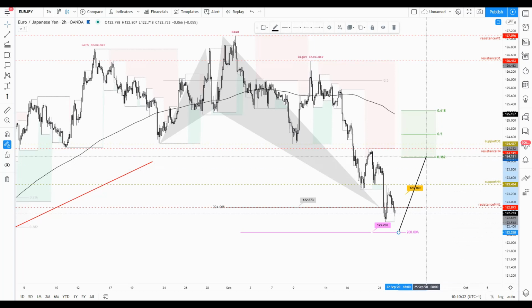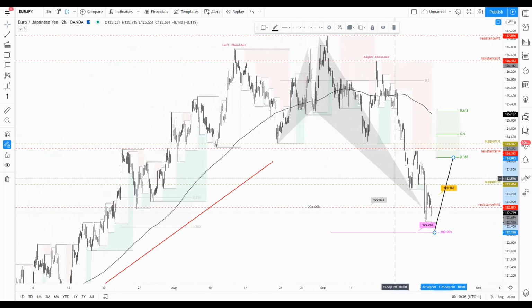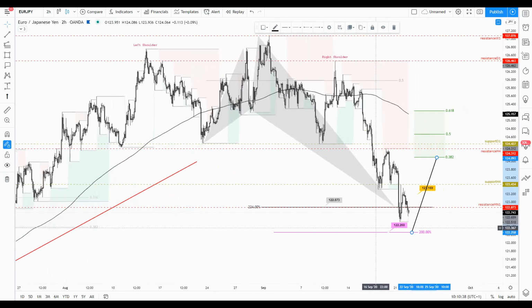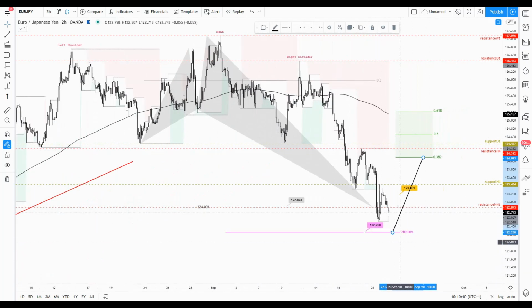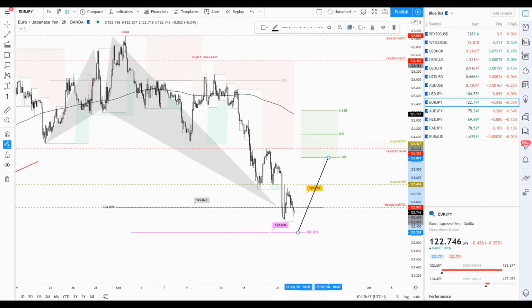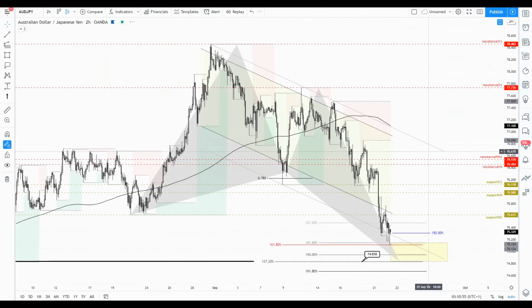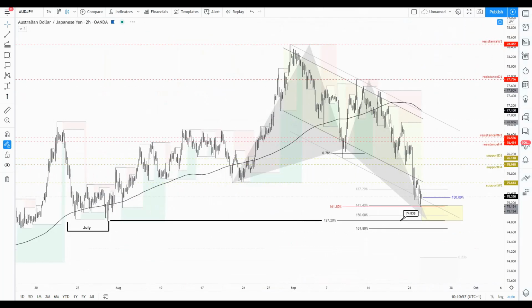If the market decides to search for that 38% Fib, we may see the price retesting the previous structure support again. Let's wait and see. So I will not be surprised to see Euro versus Yen searching for that default target for the head and shoulders, kind of ignoring the bullish shark pattern, but it may put the pattern at work after reaching those default targets.